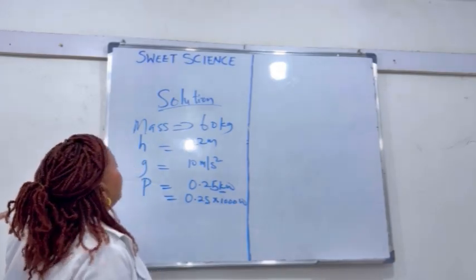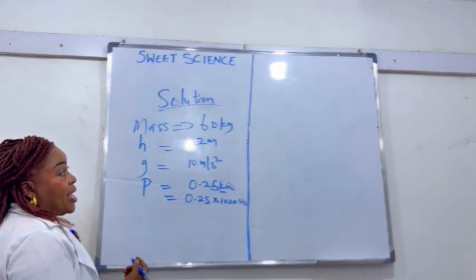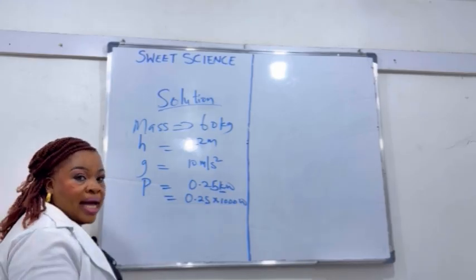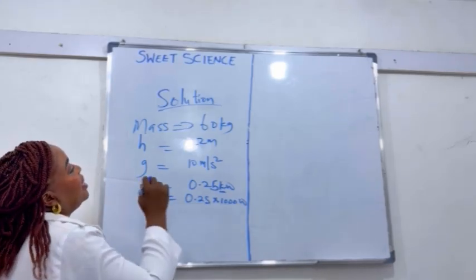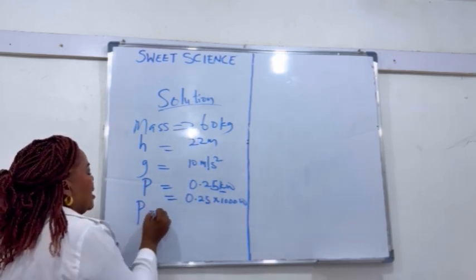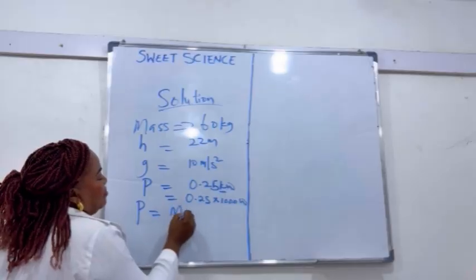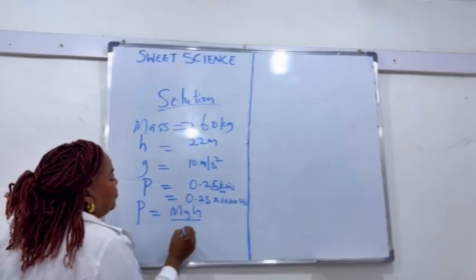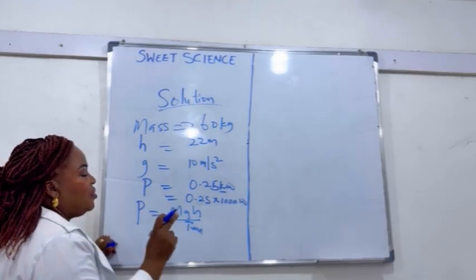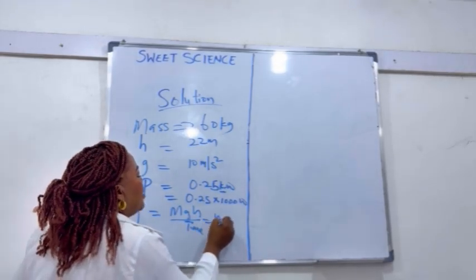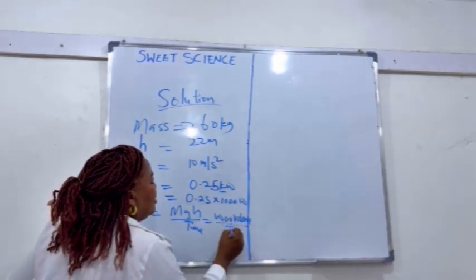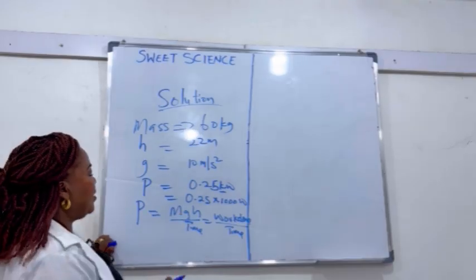And we go to look for what we are asked to calculate. How long? So we are calculating the time it has taken this man to climb this height. And we know that power is work done all over time.